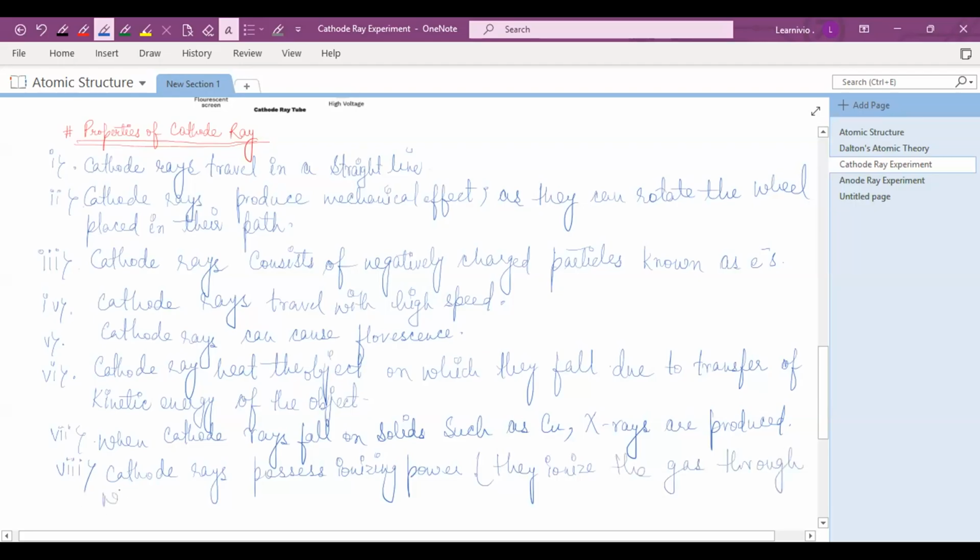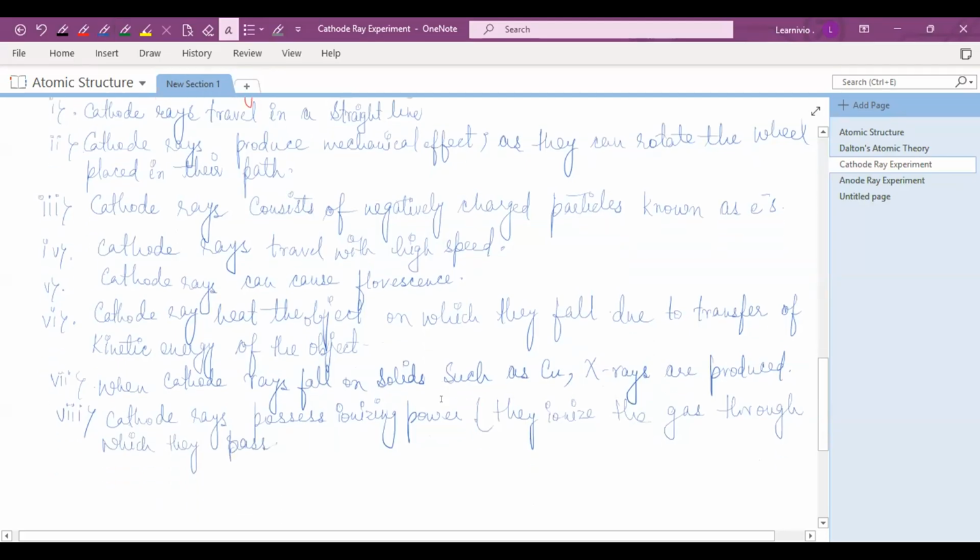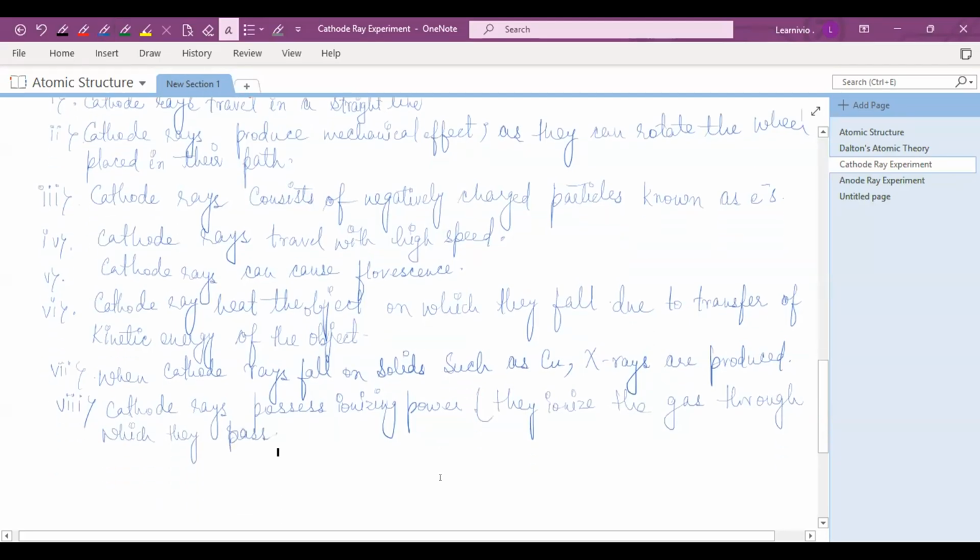For example, in the discharge tube, for example HCl रहा होगा, तो cathode ray जब भी flow होगा, it will ionize the HCl, means H plus और Cl minus में ionize कर देगा, ions में break कर देगा, so that's the property.